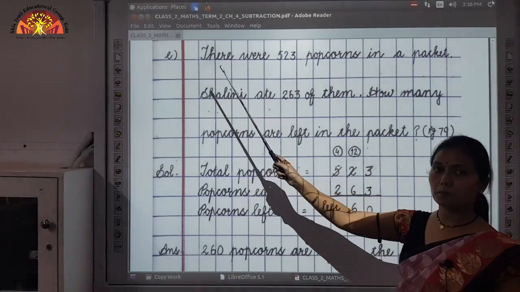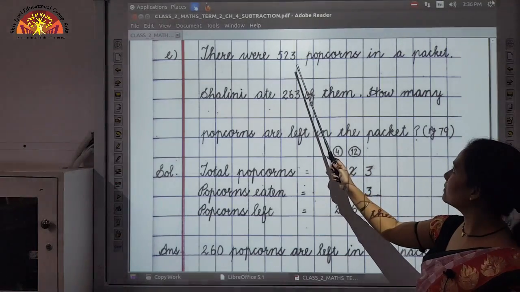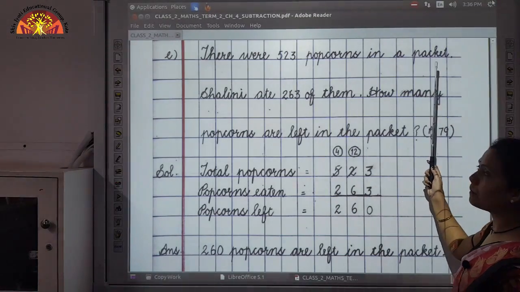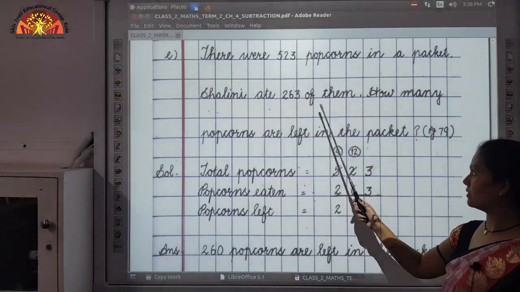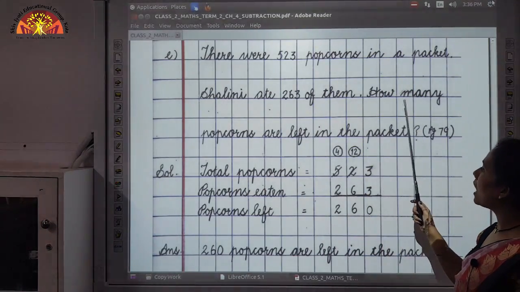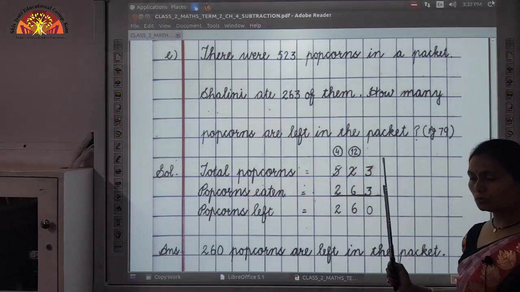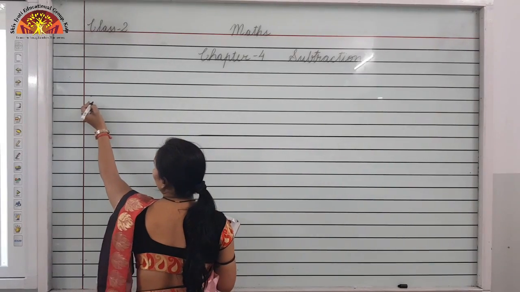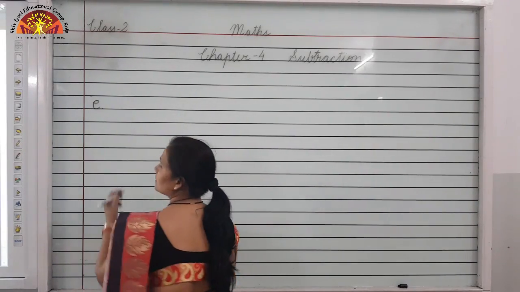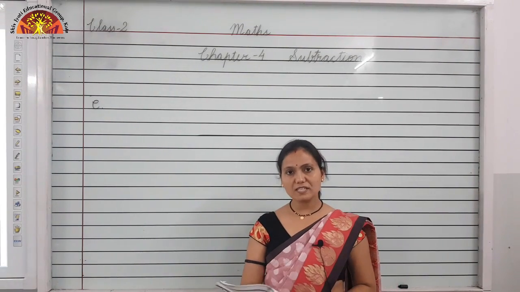Now question number E. There were 523 popcorns in a packet. Shalini ate 263 of them. How many popcorns are left in the packet? Do this on board. Question E. Children, this question is also given in your book, page number 79.